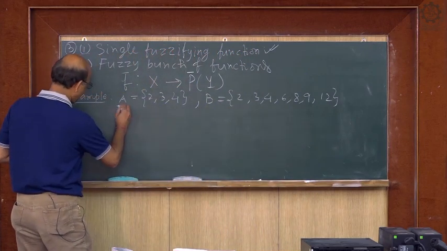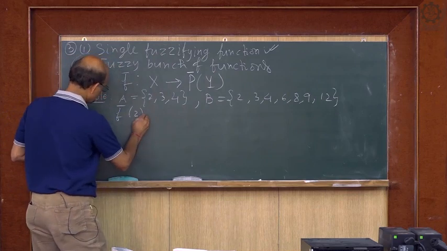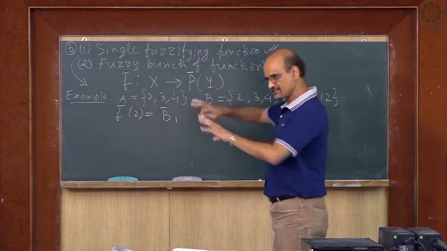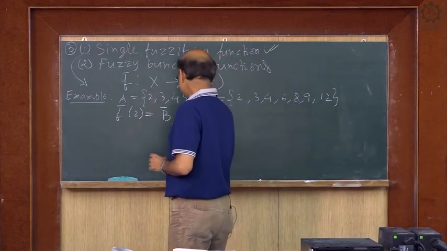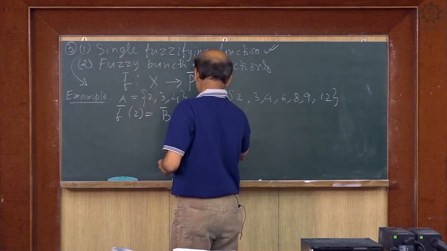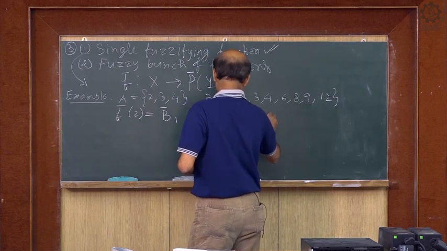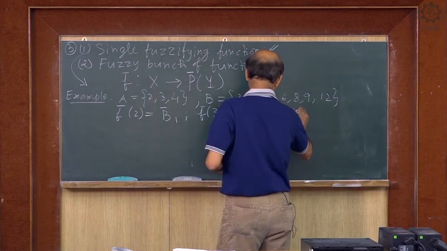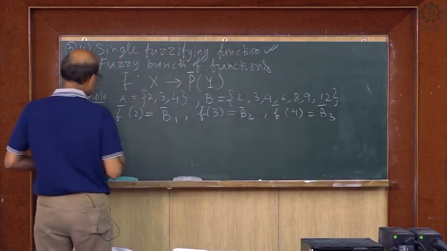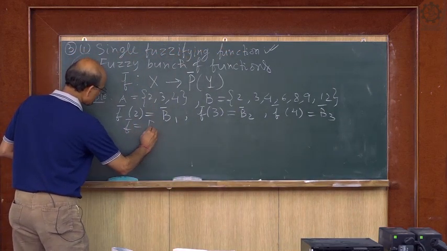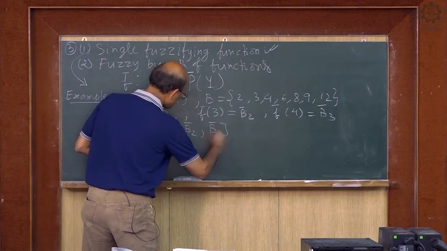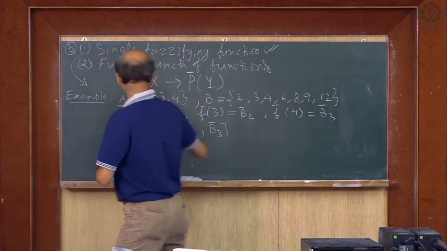I will have f bar of 2 equal to B1 bar. This is a power set, and I am taking these sets on my own. So f bar of 3 is equal to B2 bar, f bar of 4 is equal to B3 bar. So I can write f bar as B1 bar, B2 bar and B3 bar, because I have taken 3.